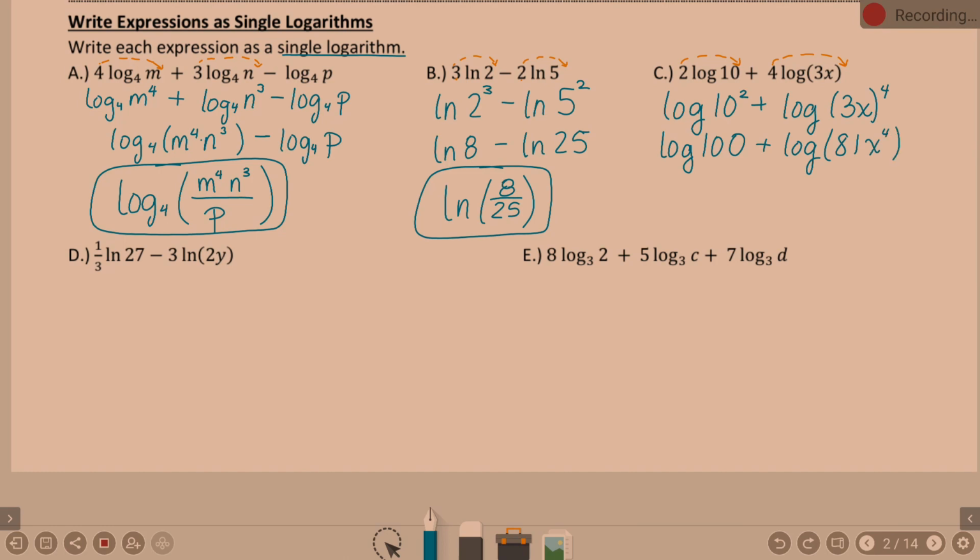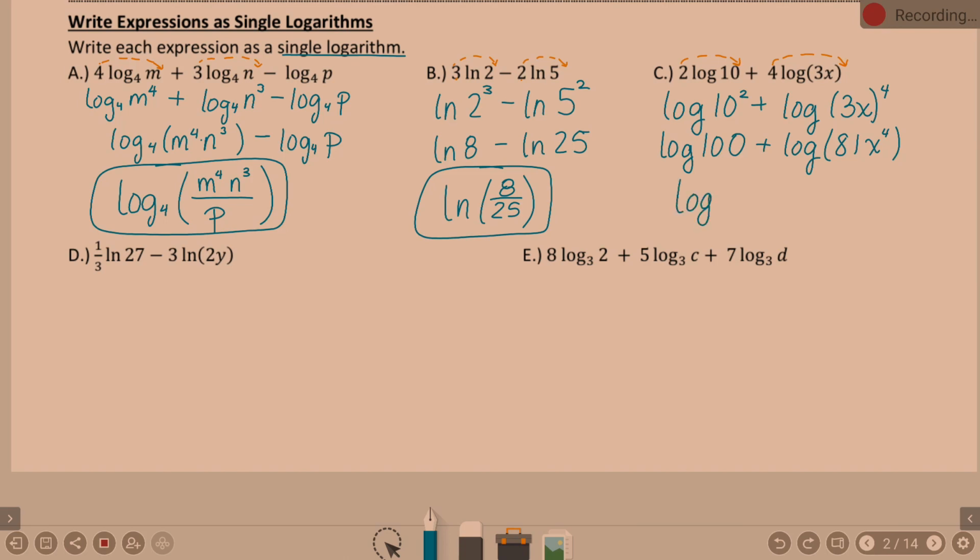And you could get away without parentheses if 81x to the 4th is written as one quantity, but okay. And where are we going next? Okay, got that product property, right? 2 logs being added can be rewritten as 1 log where the insides are multiplied.